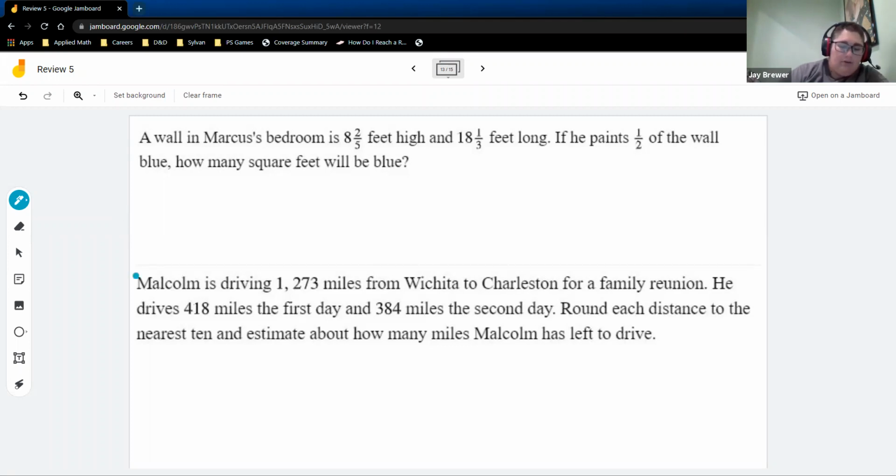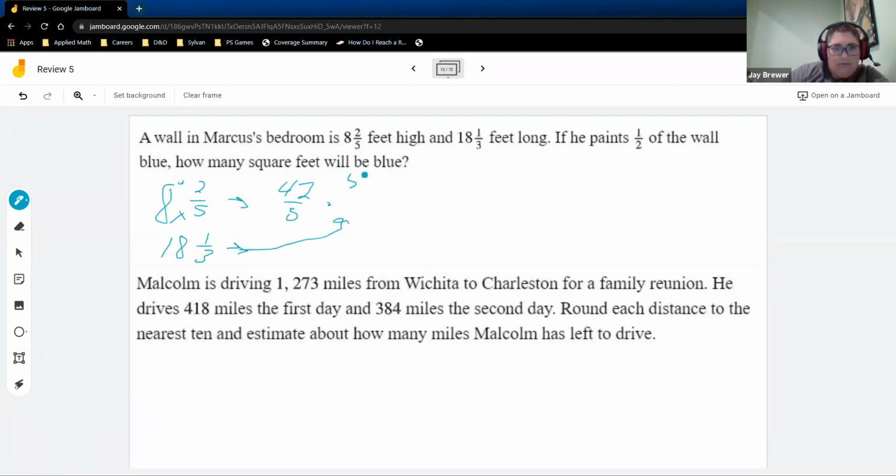So the first thing you have to figure out is you have to do your 8 2/5. I'm going to go ahead and change this to an improper fraction. I'm going to multiply and add. So that's going to become 8 times 5 is 40 plus 2, so 42 over 5. And then I'm going to multiply it by 18 1/3. And I'm going to change that one too. It's going to become 55 over 3.